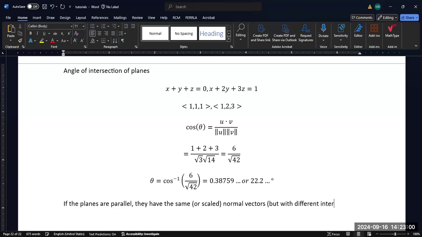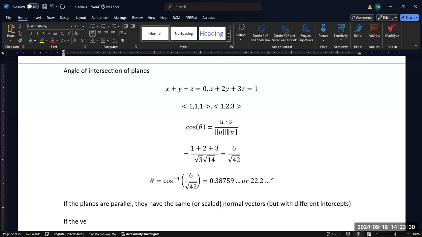It's pretty rare that you're going to get an example problem in a textbook where they give you two equations which are actually the same plane. You probably will be able to identify it just by inspection. So typically the vectors are scaled, but the constant is different. The constant is not perfectly scaled. So those would be parallel.